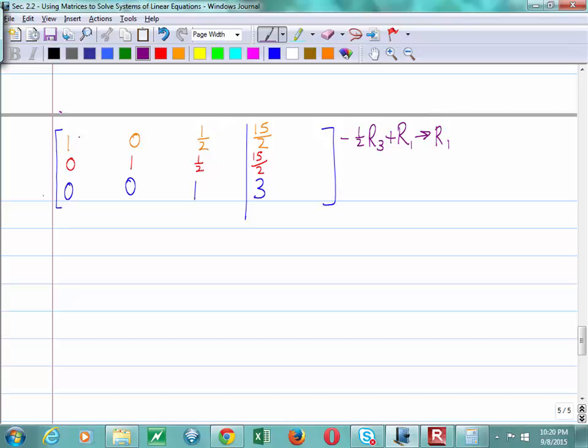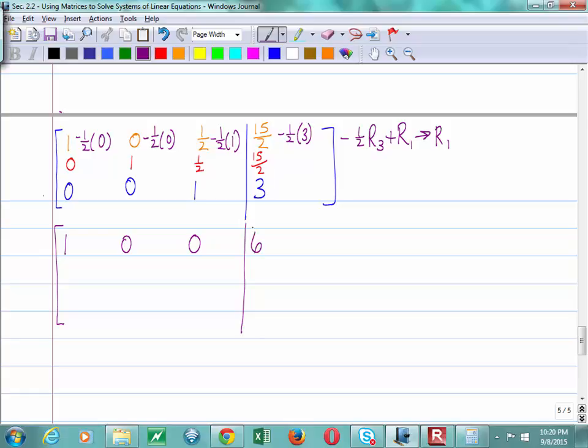So it's going to be minus 1/2 times 0, minus 1/2 times 0, minus 1/2 times 1, minus 1/2 times 3. Alright, so that would be 1, 0, 0, and then this would be, let's see, 15 halves minus 3 halves would be 12 halves, which would be 6.